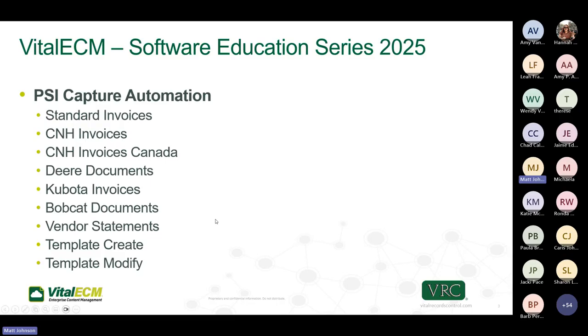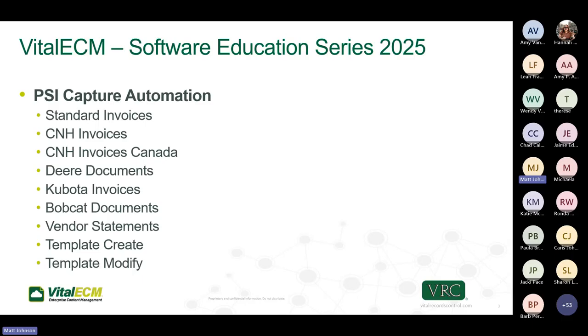Today we're actually going to take a vendor that we've not created a profile for before, Ditch Witch, and create a profile and show you some of the decision-making processes we go through, make the template, and then run that invoice through, and show you how it all works and feeds together.